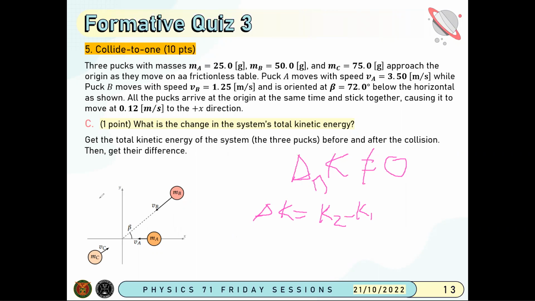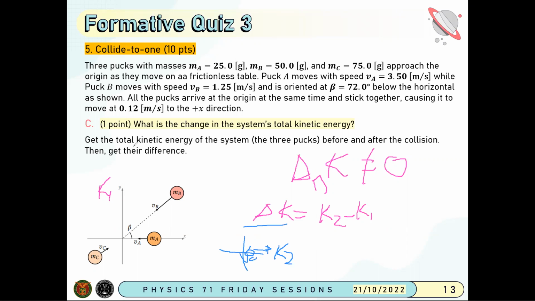So where K1 is yung nasa initial state, yung K2, makukuha natin dun sa final state kung saan nag-stick together na sila. So meron na tong K2. And then we can get this delta K, the change in kinetic energy.